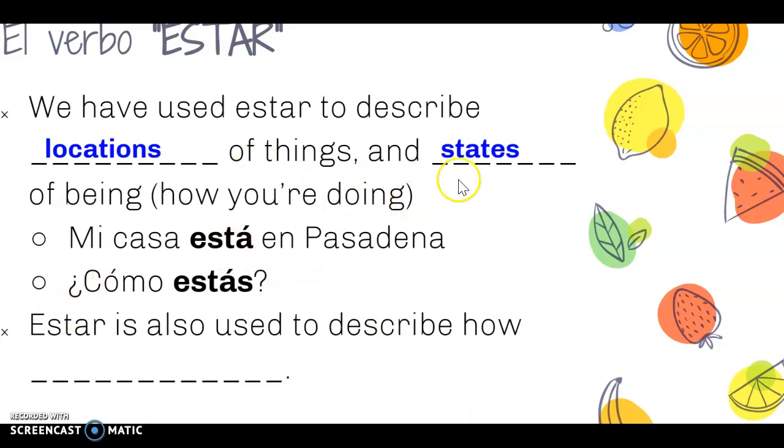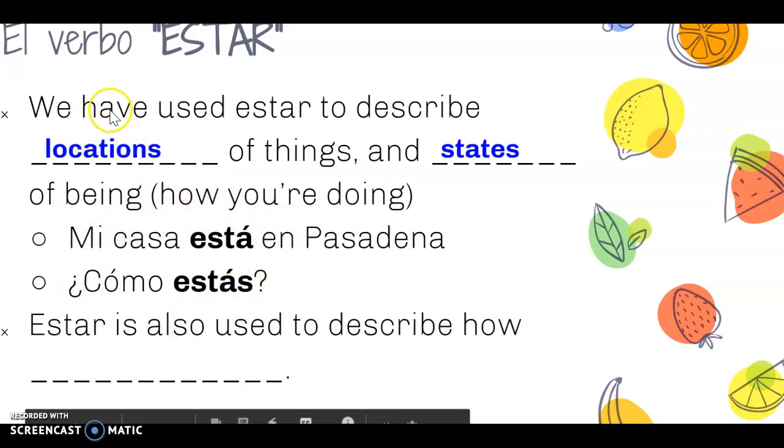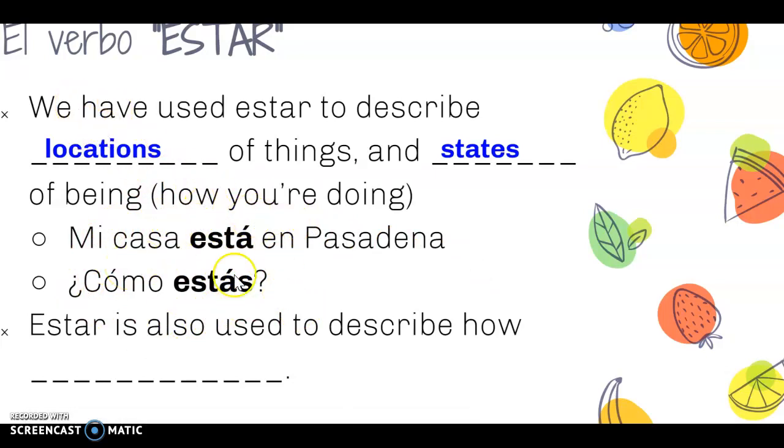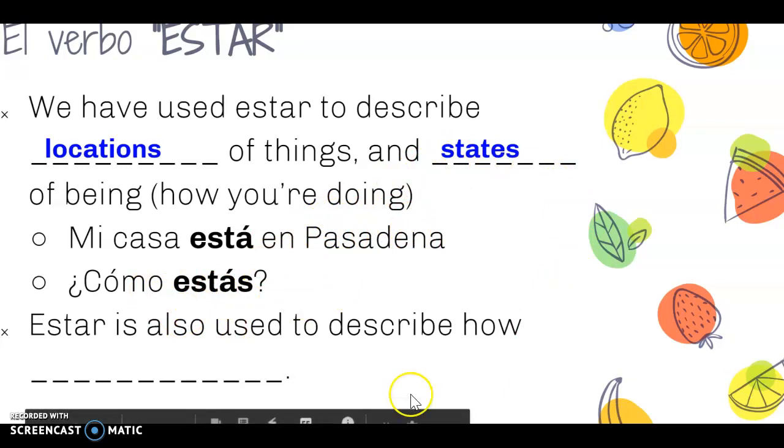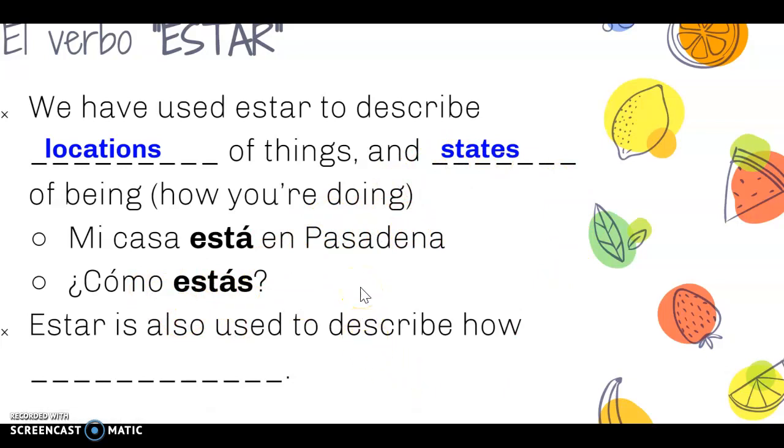My house is in Pasadena. I think the other example on your packet has están, where somebody's located in the house. That's an example of location. And here we have a state of being: ¿Cómo estás? How are you? You would answer with estoy bien, gracias. So that's how we've used it already. Another way we're going to use it is to describe how things taste, our reactions to food.